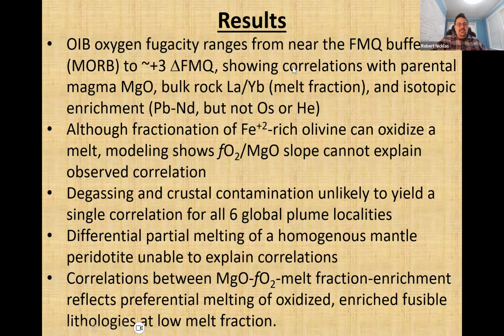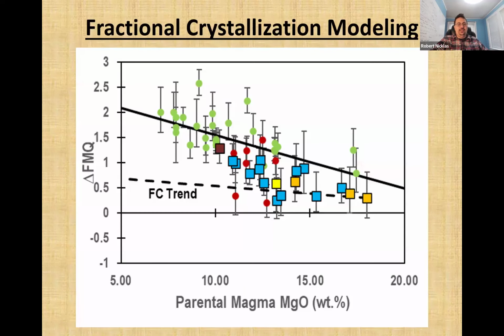And so what we basically came up with in the end is that correlations between parental magma MgO and FO2, and degree of melting, i.e., and isotopic enrichment, reflect preferential melting of oxidized, enriched, fusible lithologies at low melt fraction. What I mean by this is here we have very low melt fraction in these oxidized lavas.